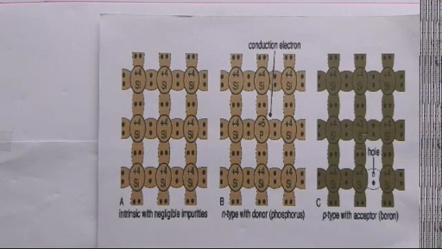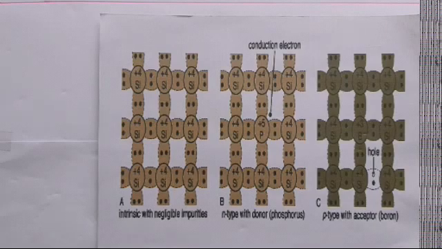This is the case with silicon as well as germanium. They have 4 electrons in their valence shell. Their crystals are formed with neighboring 4 similar atoms. When doped with a group 15 element like phosphorus or any other which contains 5 valence electrons, they occupy some of the lattice sites.